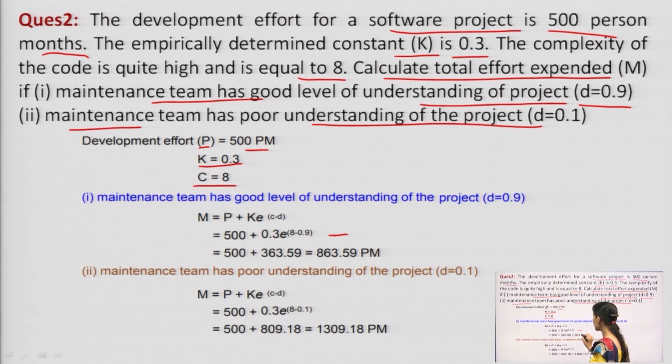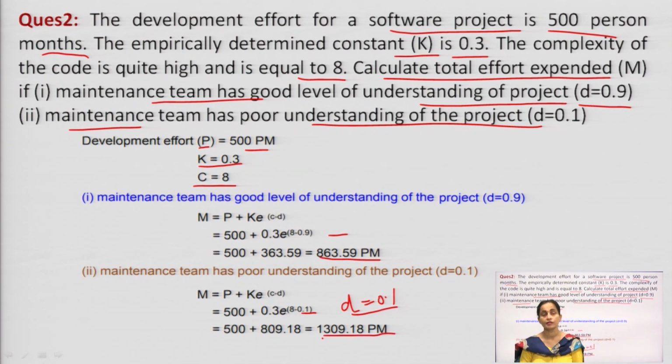In the first case, it gives us 863.59 person months of effort, and if we put the value 8 minus 0.1, D equal to 0.1 here, it comes out to be 1309.18 person months. So, the effort goes up if we have a poor understanding of the project.